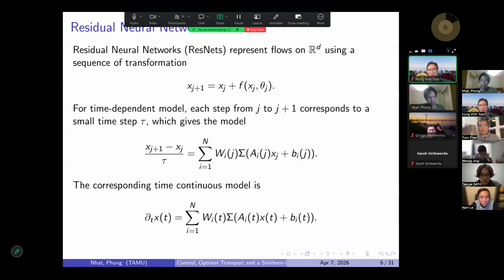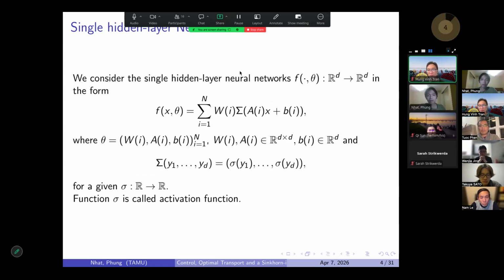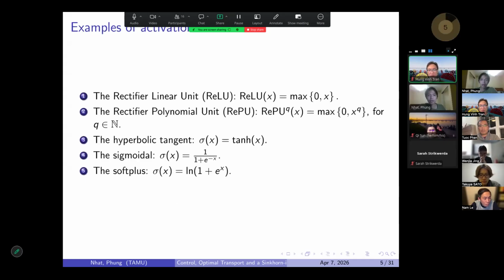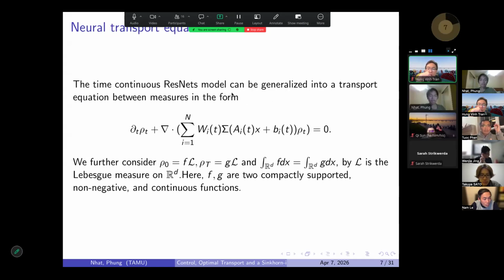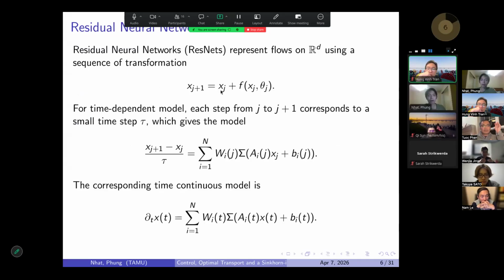Now, starting from a single hidden layer neural network, because we are working from R^d to R^d, we can use the function to describe a flow. We put a neural network to approximate the change between two points, and this describes a flow.